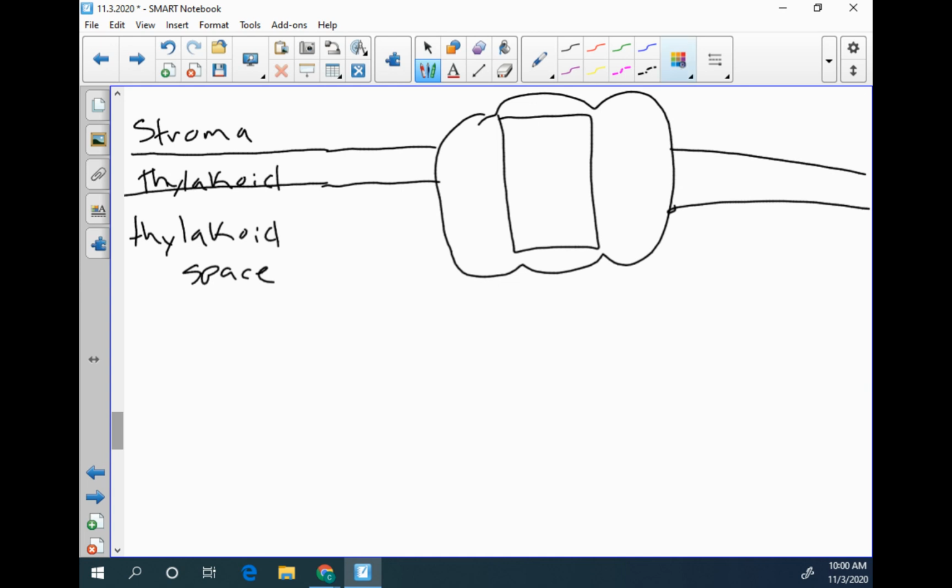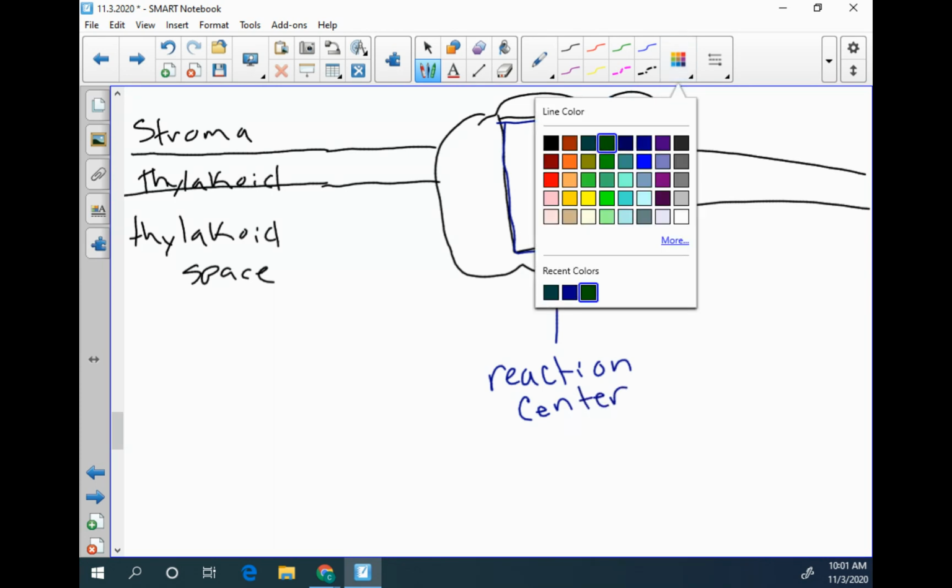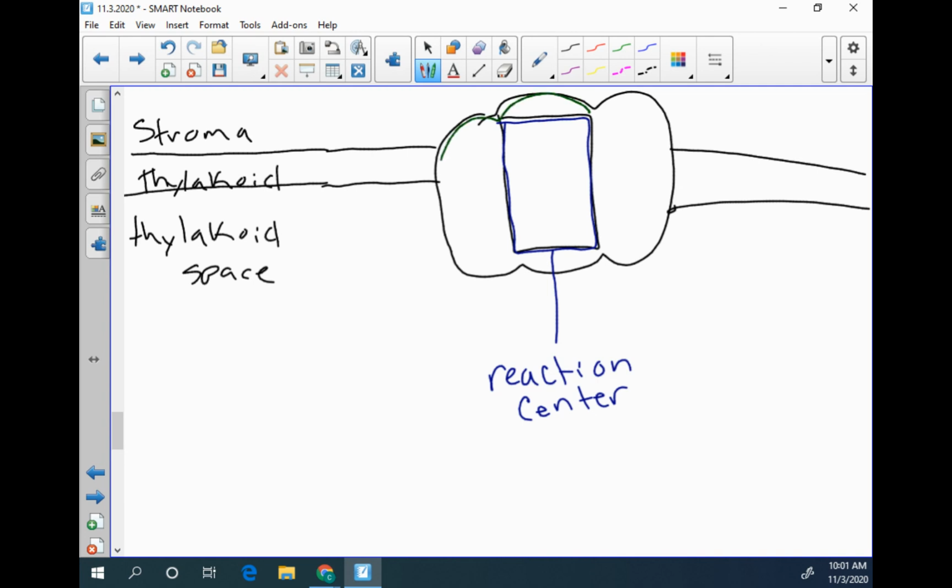I'm going to color code this to make it a little easier. This box right here is our reaction center. And this out here is our light harvesting complex.